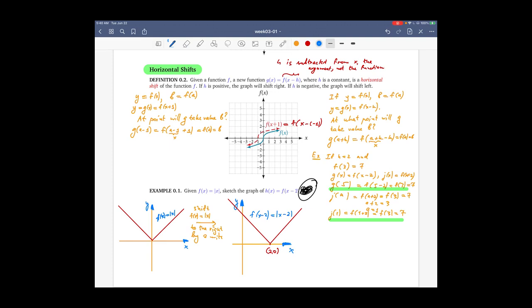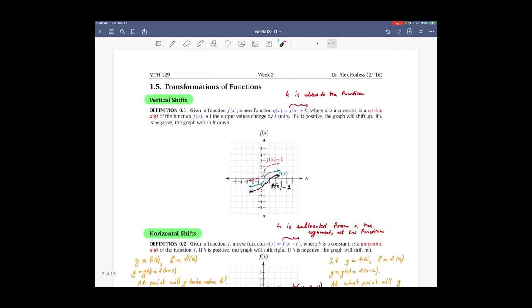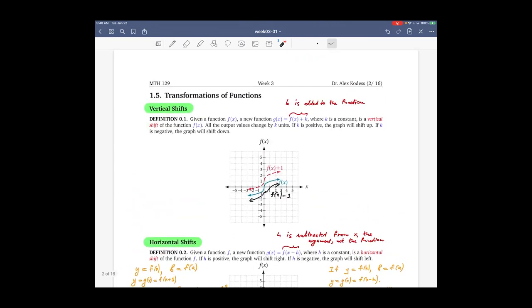Now finally, let's unforget the plus 4 and construct the graph of h. How is the graph of h different from the graph of f at x minus 2? It's different by adding this plus 4, and adding the plus 4 corresponds to a vertical shift by 4 units upward.